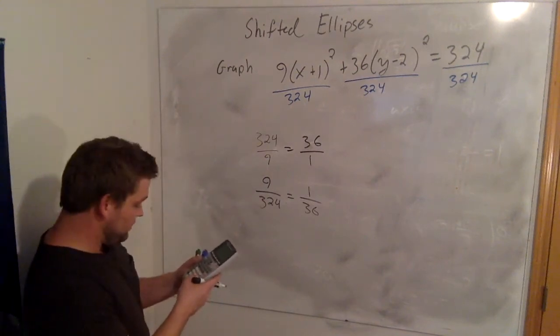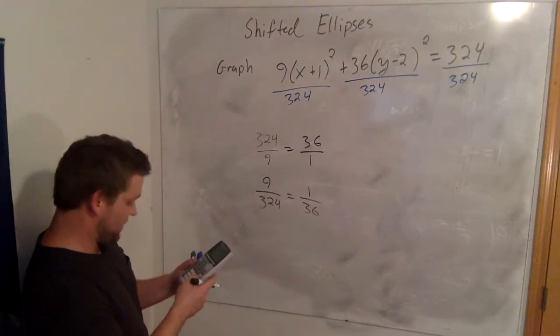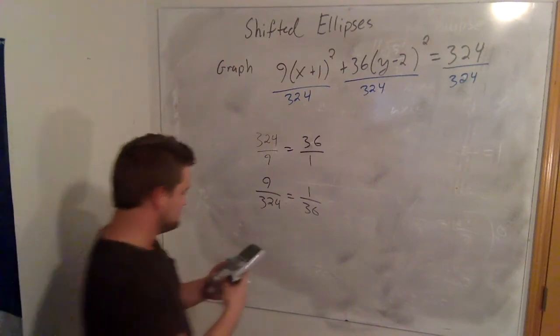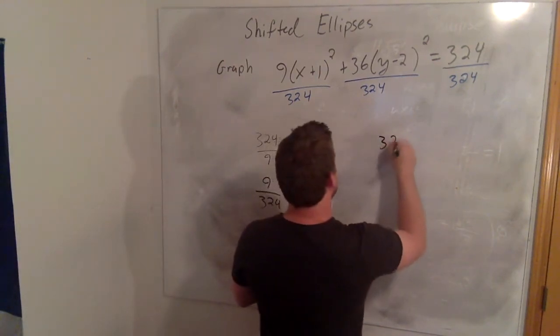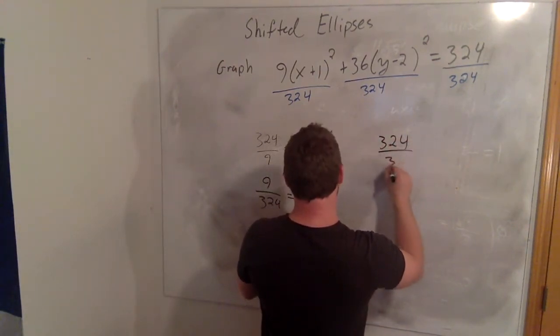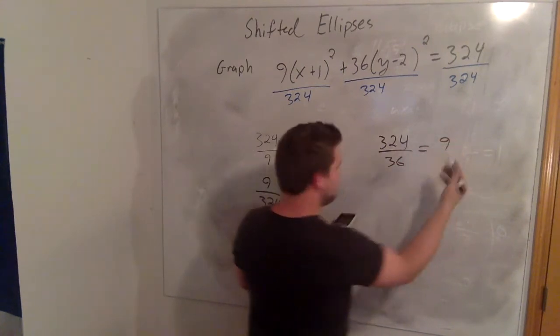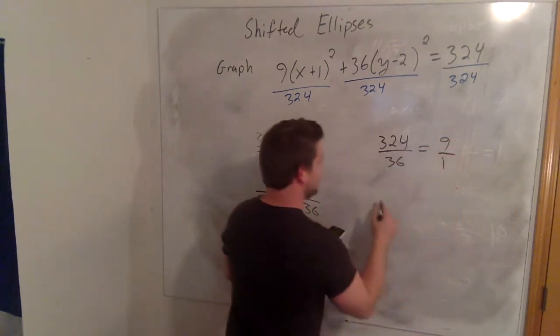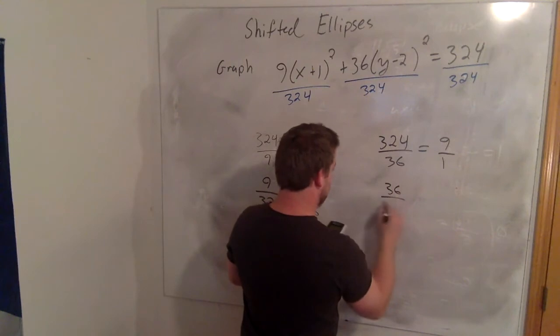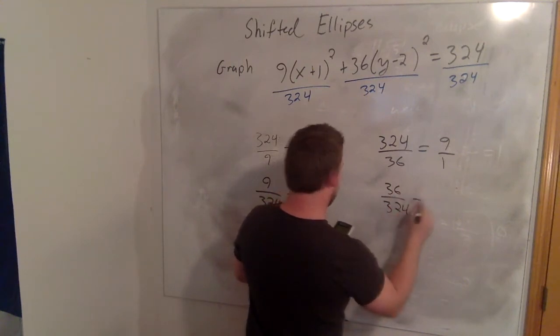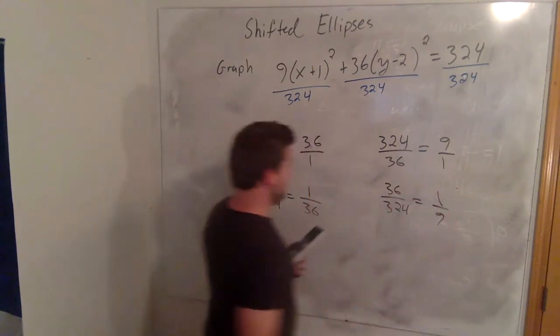And similarly, 324 divided by 36 will be equal to 9. You could think of that as 9 over 1. So 36 over 324 will be equal to 1 over 9.